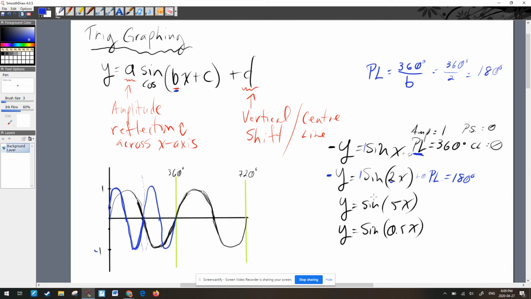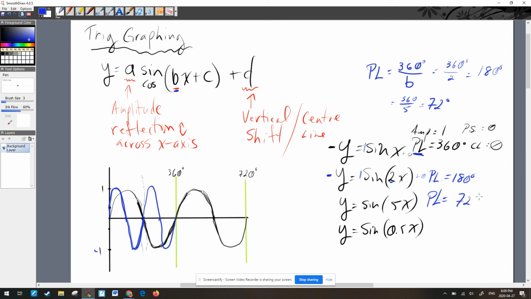Now this one, similarly, is 360 degrees divided by 5, which is 72 degrees, not a very pleasant number. It would be hard to fit in here, but you can imagine that is 180, so that's 90. It would have to finish its entire cycle just in that little spot right there.